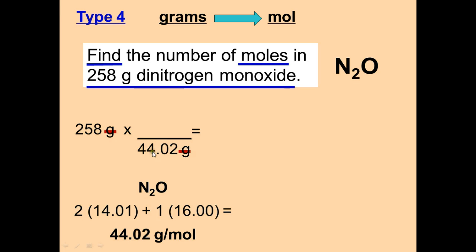Whenever we're doing molar mass, there's always one mole with an X amount of grams. In this case, it's 44.02 grams. So one mole goes on the top, and when we multiply this fraction, we just do 258 divided by 44.02, and we get 5.33 moles.